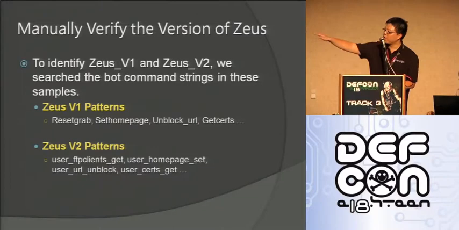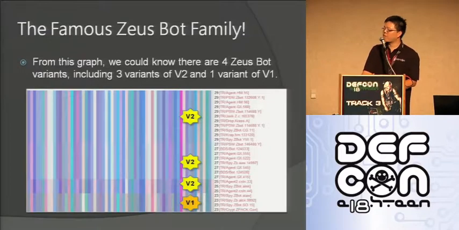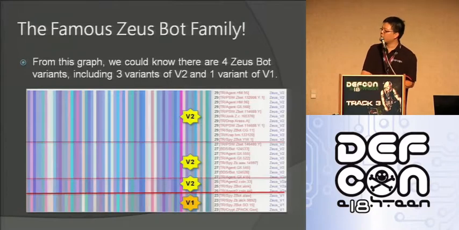For version 1, it has these commands. For version 2, it has another set of commands. After our manual inspection, we are able to identify different ZBot variants. The upper 3 blocks all belong to version 2 ZBots, and the one on the bottom is actually ZBot version 1.